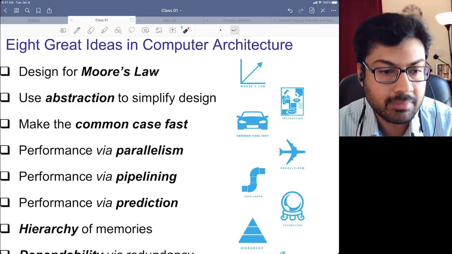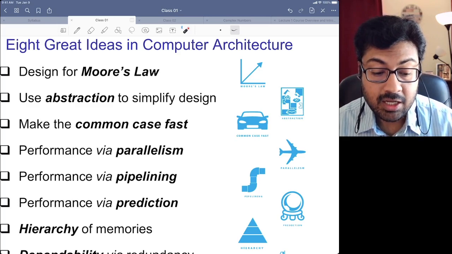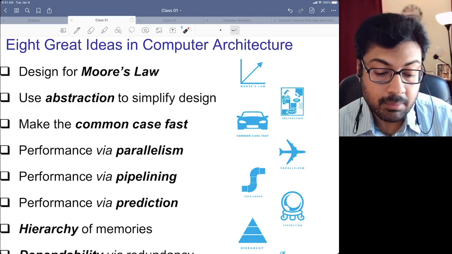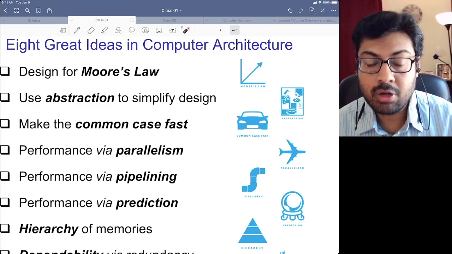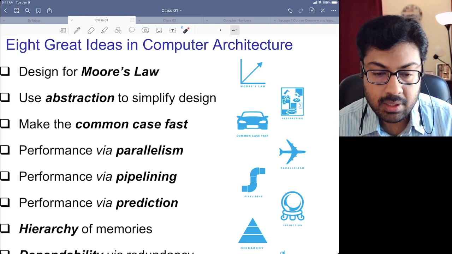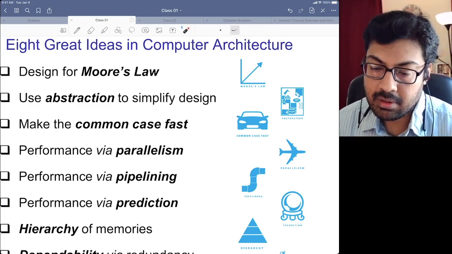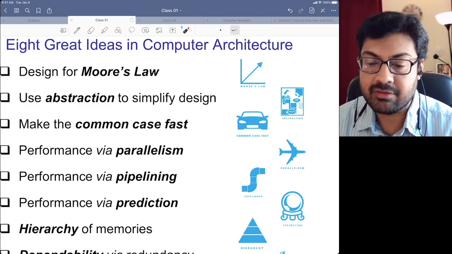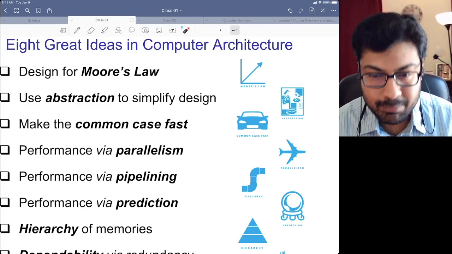So what does make the common case fast mean? It means that things that are being done commonly, frequently, you are going to try to make those things very efficient, as opposed to worrying about things that do not happen as commonly, right? So, in other words, don't be a perfectionist.